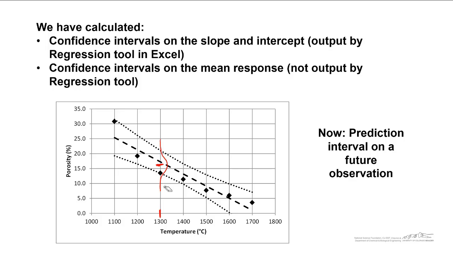Instead of being 95% certain, for example, at 1300, that the mean of that distribution is a certain value, the prediction interval tells you that if we take a single future observation, let's just say at 1300, we're going to be 95% certain that the porosity lies between two values. We're not performing a confidence interval on the mean response, which we've done previously. We're calculating a prediction interval on a future observation.